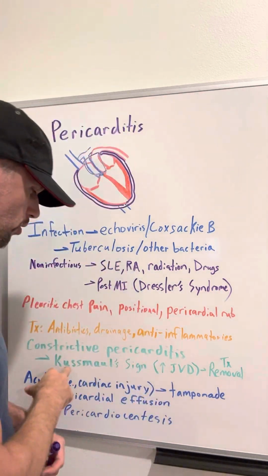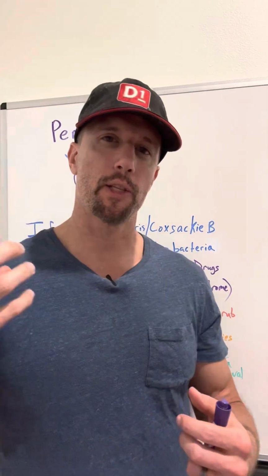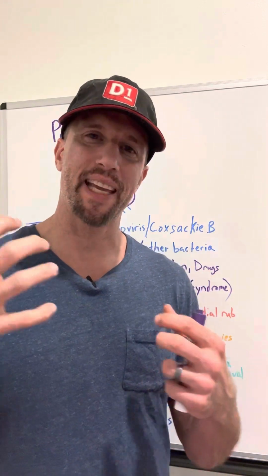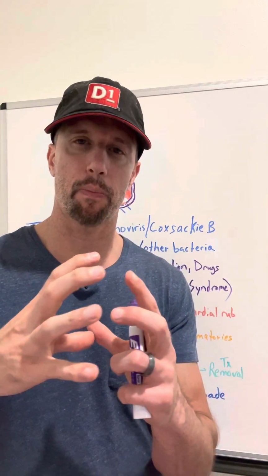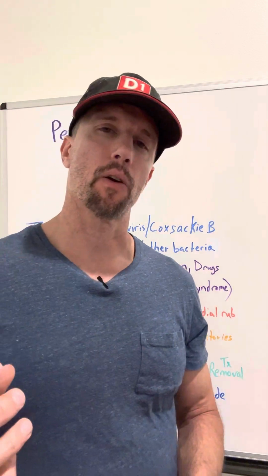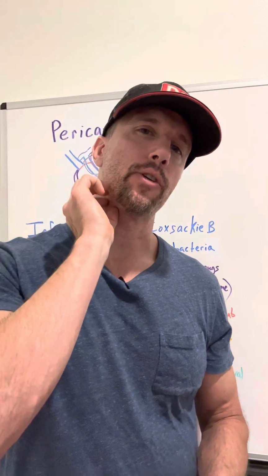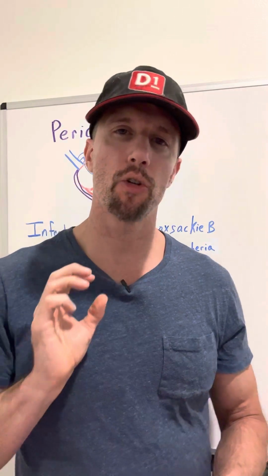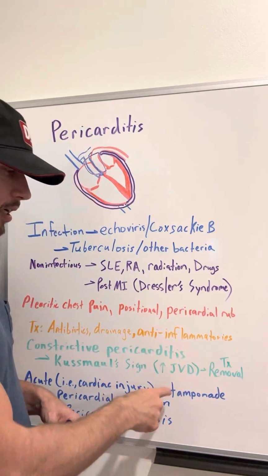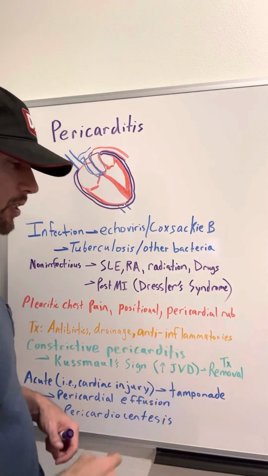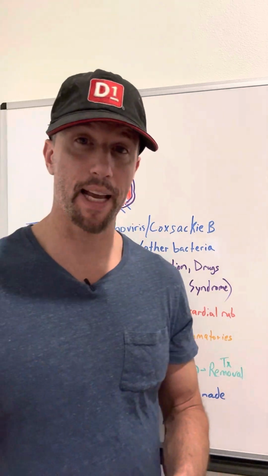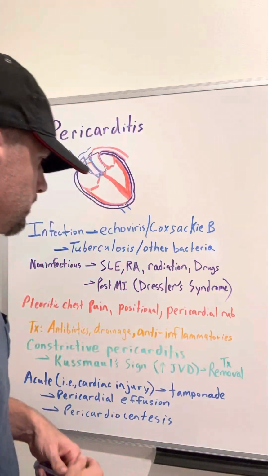Then you can look for a Kussmaul sign, which is the blood trying to go into the right side of the heart, but it can't because that restriction is preventing the heart from opening up during diastole. So the blood will rush up into the jugular vein, and that's called Kussmaul sign, and it causes jugular venous distension. So that's a complication of pericarditis.